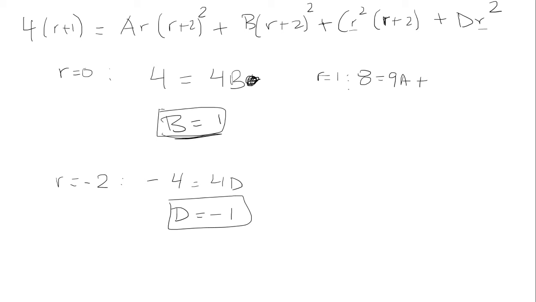And then it's 1 times (1 plus 2) squared, that's 9, plus r squared is 1 times 3, so that's 3C, plus D r squared, well, r squared is 1 times D, that's -1. Okay, so 9 minus 1 is 8, and that's going to get canceled out with this 8. So I have 0 equals 9A plus 3C.